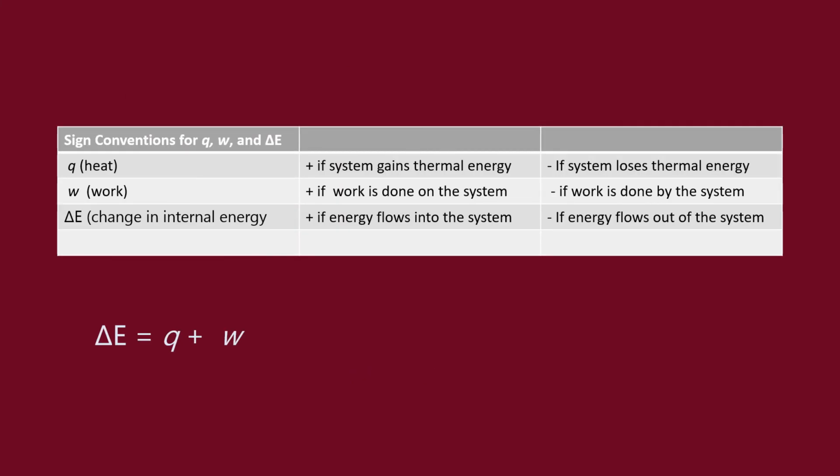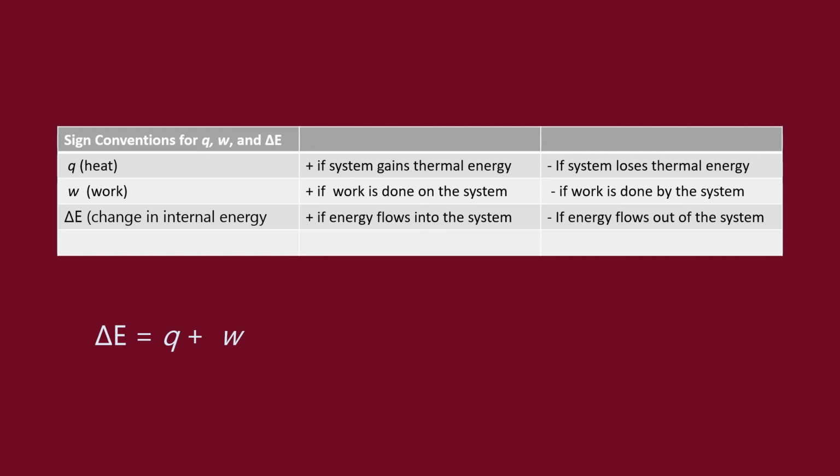Sign conventions for Q, W, and E, for heat, work, and energy. For heat, if the system is gaining thermal energy, so it's endothermic, then the heat will be positive. If it's losing thermal energy, so exothermic, then the heat will be negative. For work, if the work is being done on the system, then it's positive.